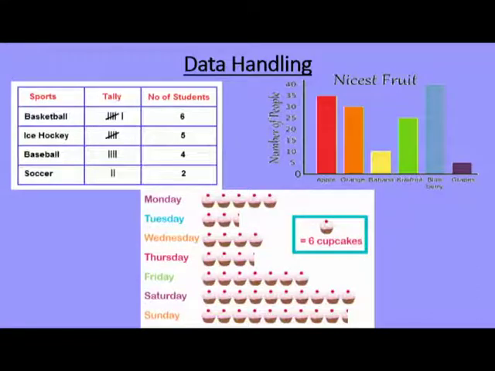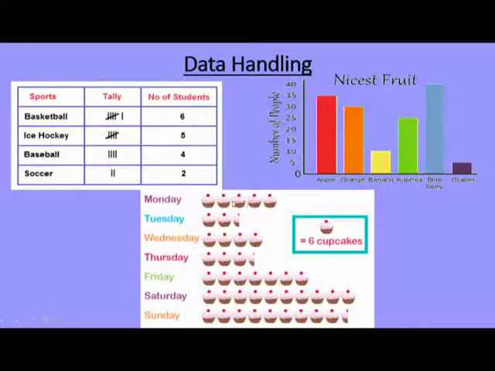there are some things that you need to concentrate on. When you are asked about differences in data handling, differences simply means we have to subtract. A quick example: if I ask you the difference between the number of cupcakes mother baked on Monday and the number of cupcakes mother baked on Wednesday, you also need to take note of the key.